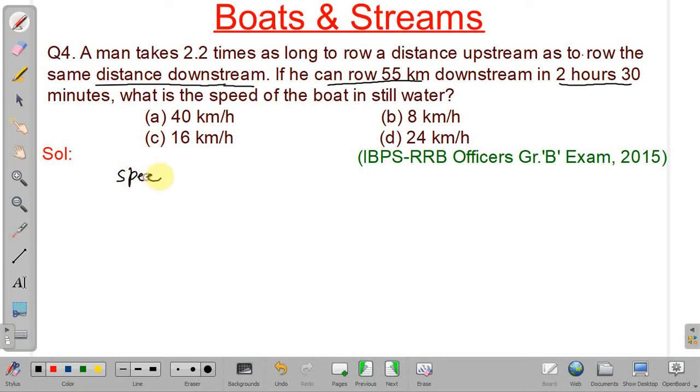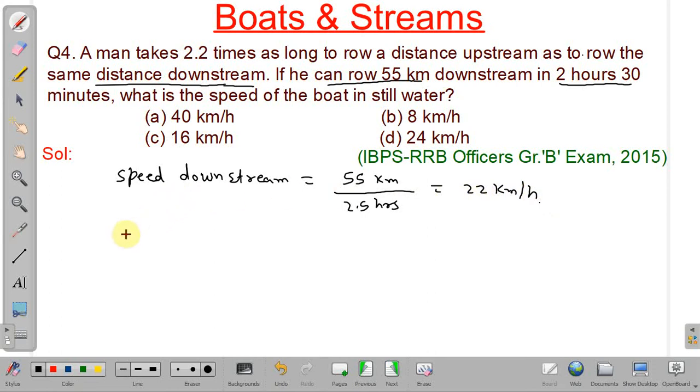Okay, so first we will calculate the downstream speed. The total distance is 55 kilometer and the time is 2 hour 30 minutes, or we can say 2.5 hours. So it will be equal to 22 kilometer per hour. And what will be the upstream speed?